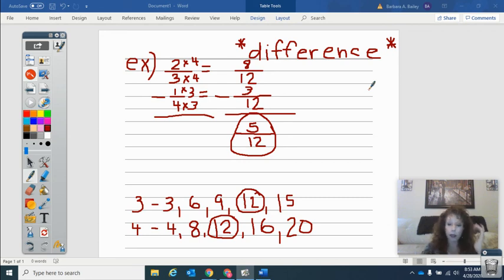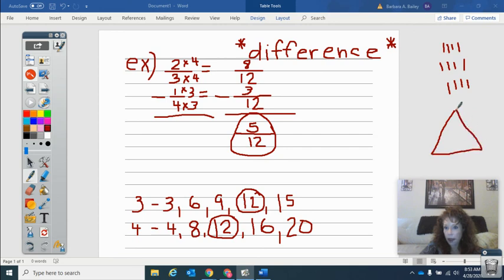If you get stuck on the multiplication or the division, do tally marks. Okay, we can do tally marks to help us find answers. 1, 2, 3, 4, 5, 6, 7, 8, 9, 10, 11, 12. So we can see that groups of 4, and if I do that 3 times, I get 12 tally marks.